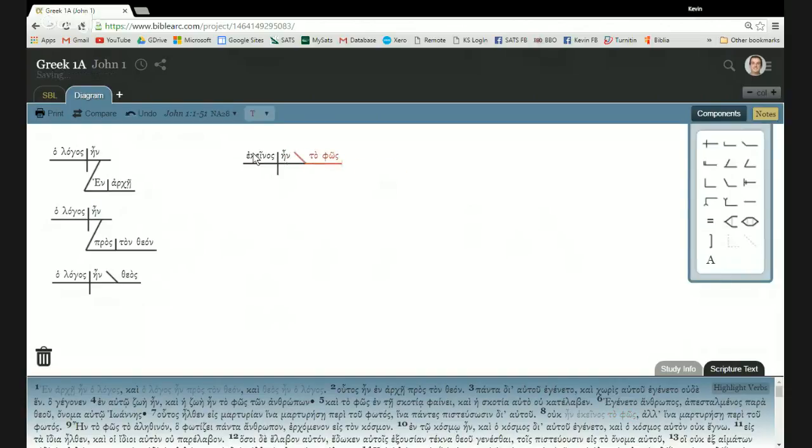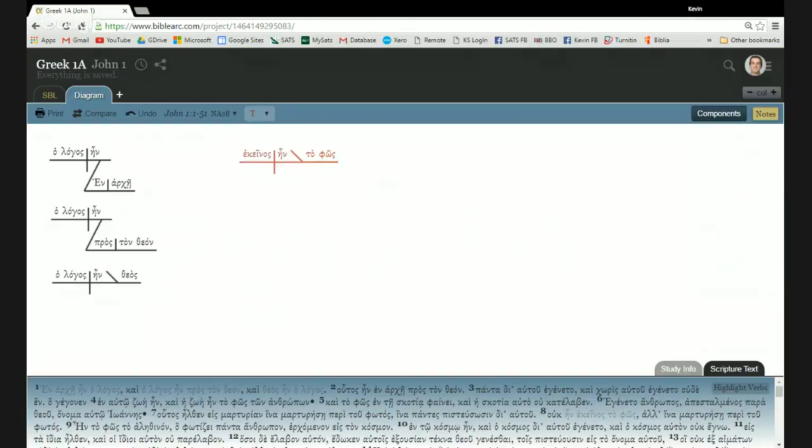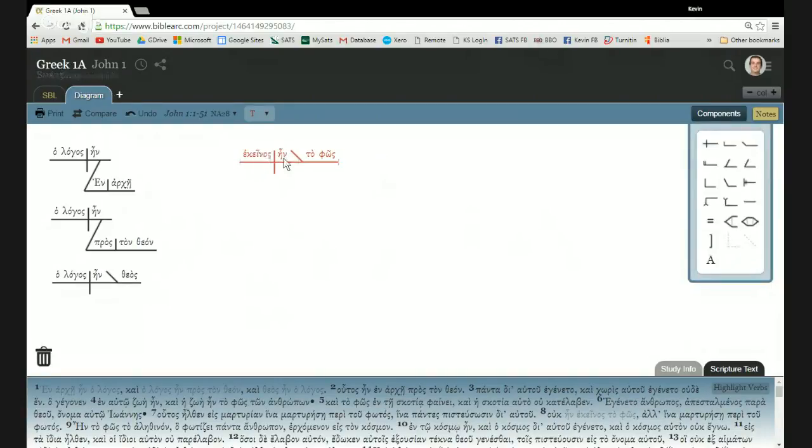to phos. So we've got he, that one, pointing in the context back to John the Baptist. So he was, and we would have had a negative here. Oh well, let's put it in. So he was not to phos, the light. So he was not existing in the state of being the light.